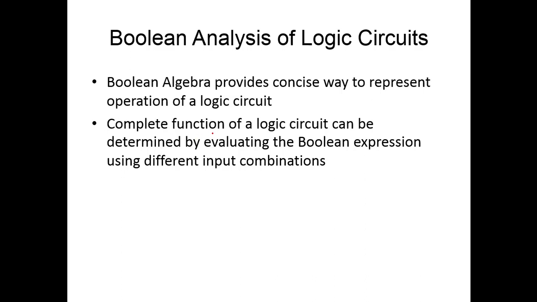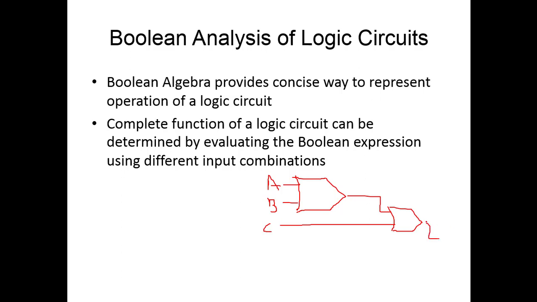For example, you have a circuit something like this. You have an OR gate with inputs A, B, and then you have another OR gate with inputs C, and then you have another AND gate which is something like this.